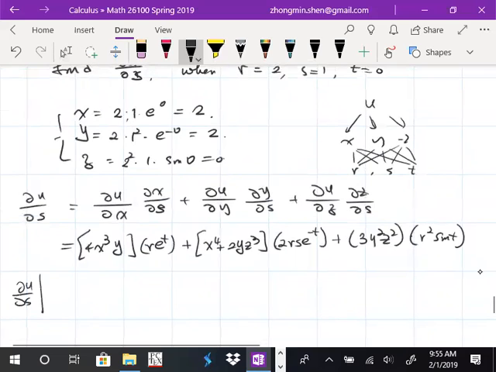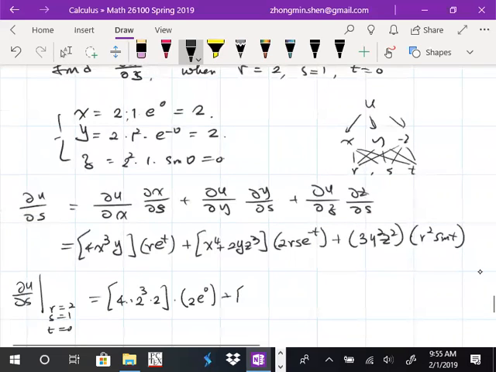Then you evaluate at this point. r equals 2, s equals 1, t equals 0. Then you have to find the corresponding values for x and y. So it's 4, 2 cubed, y is 2, and r is 2, e to the 0.